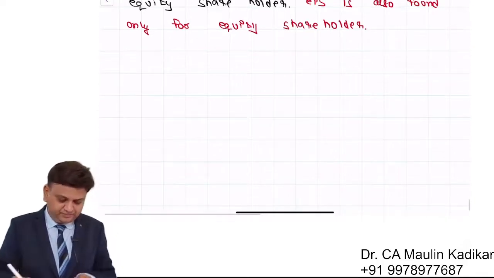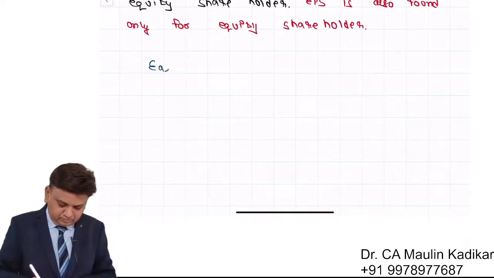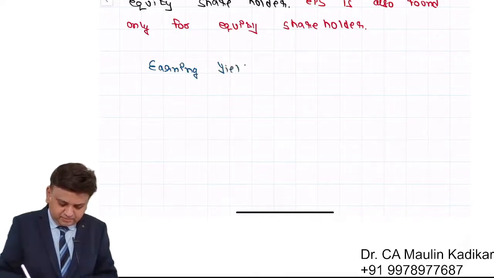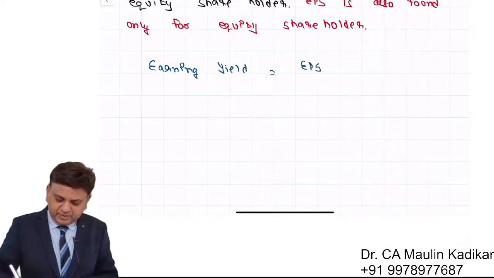Now write down answer. Earning yield is EPS upon MPS into 100.